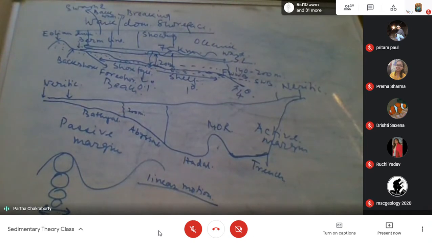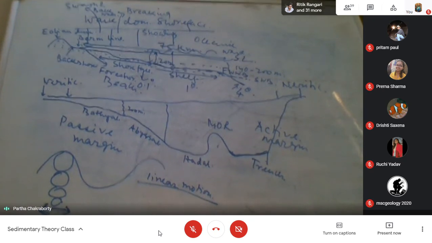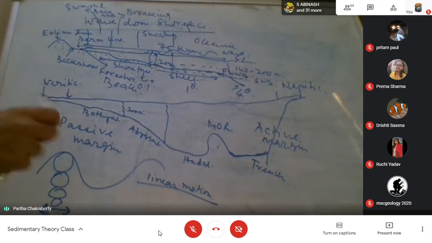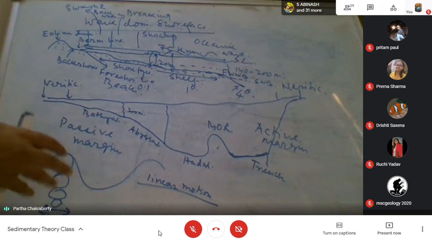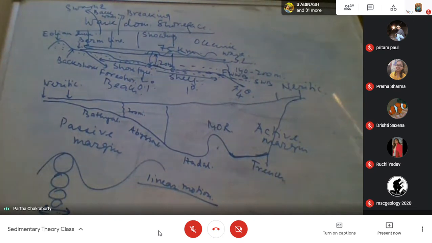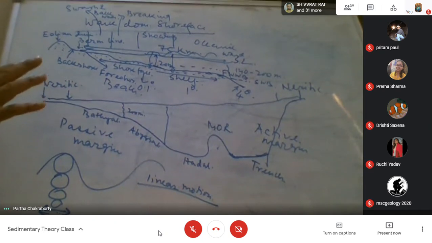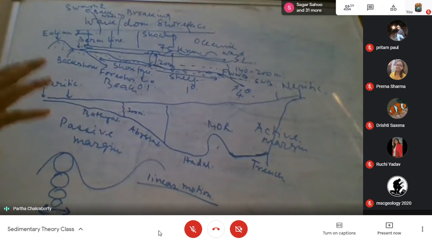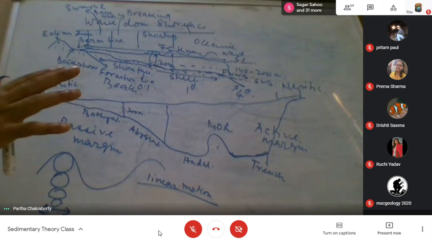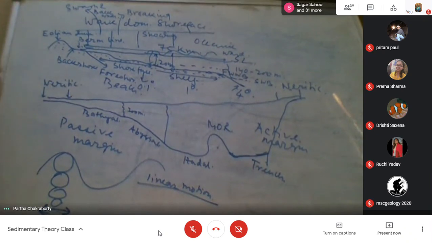Now, what is the shore face? Shore face is nothing but the zone where the wave shoals, breaks, and produces the swash and backwash. That is the zone referred to as the shore face, and this is an extensive zone of wave action. You can also have some tidal effect.